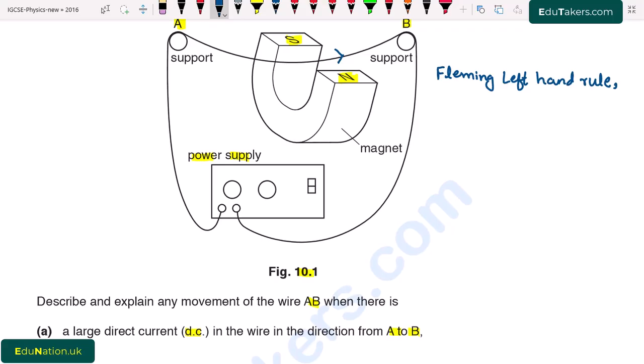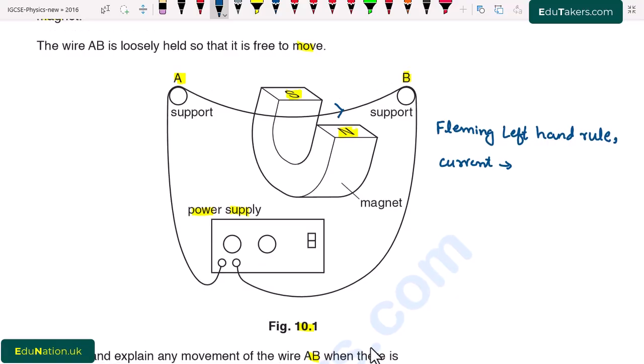First of all, here current is from point A to B, meaning from left to right. Magnetic field: here the magnetic field is from north to south. It means that the magnetic field is into the page.